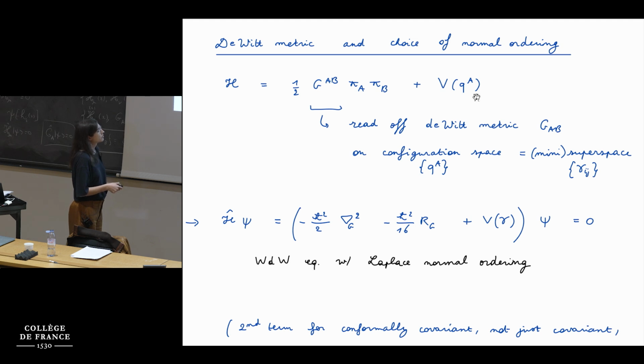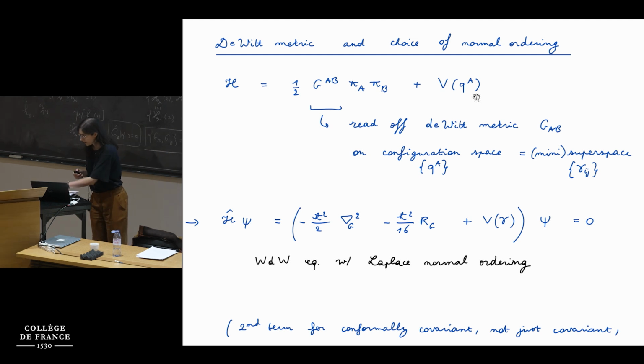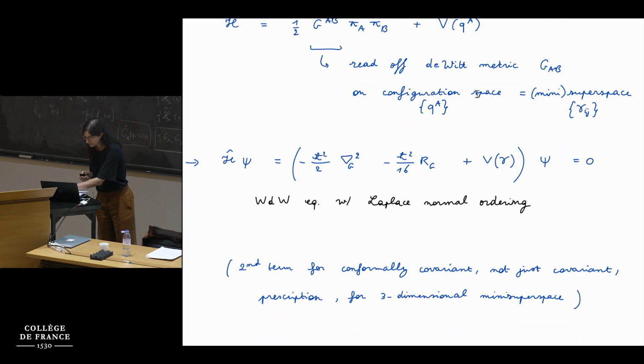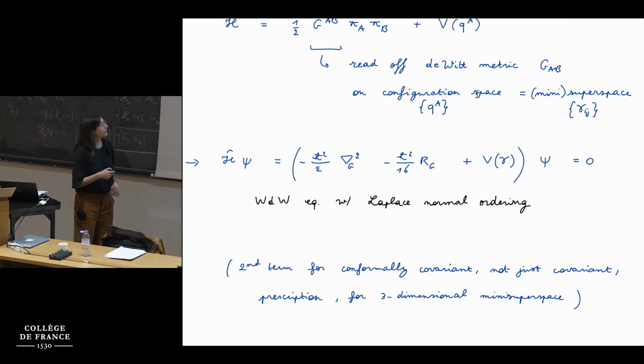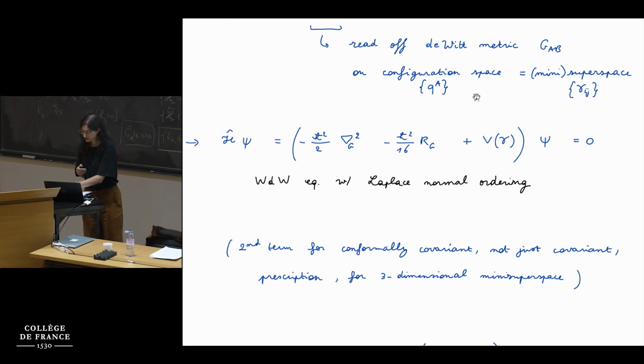The second term is present if you impose conformal covariance of this equation, not just covariance. So I'm adding this for completeness. This is a term that depends on the dimension of your mini superspace.